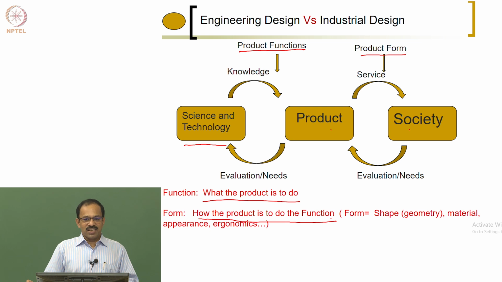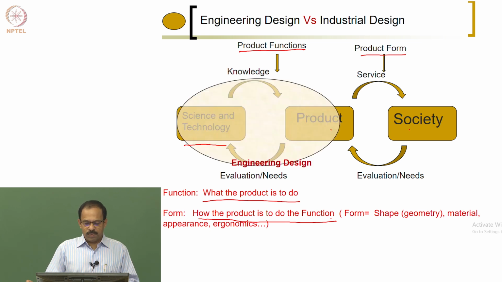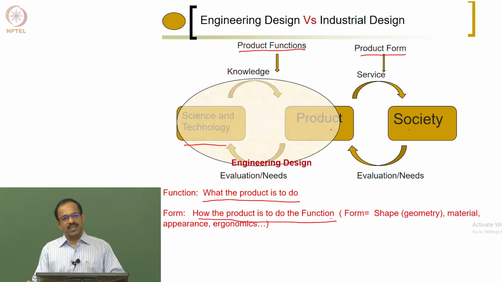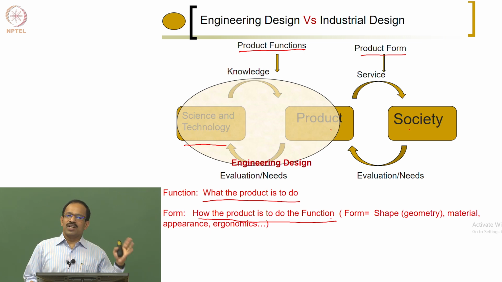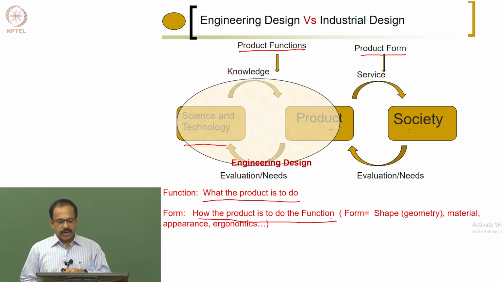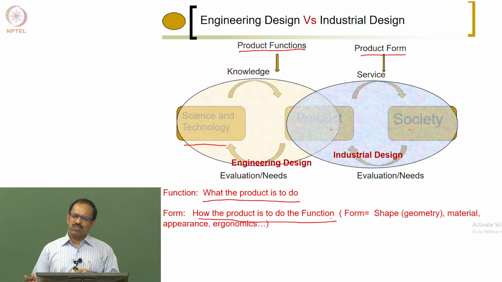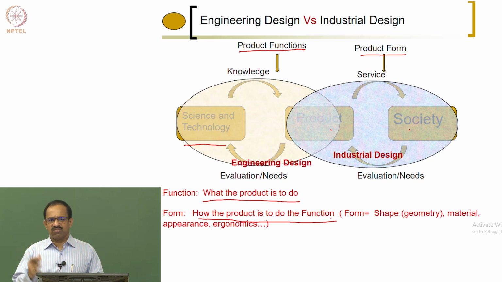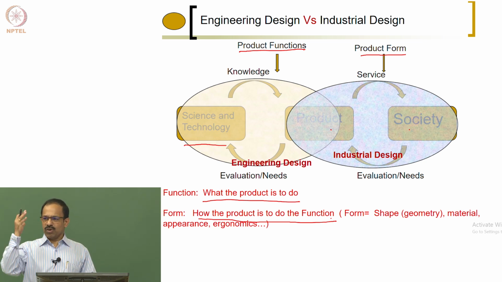And where does the engineering design come in here? So this part is basically known as engineering design. That is, how do you convert technologies to products to meet some requirements? And the industrial design comes in: how do we actually make sure that the society accepts it? So society has got specific requirements. They want a particular color, they want a particular shape, they want a particular ergonomics. I mean, the way you can use it, how to make it user friendly.